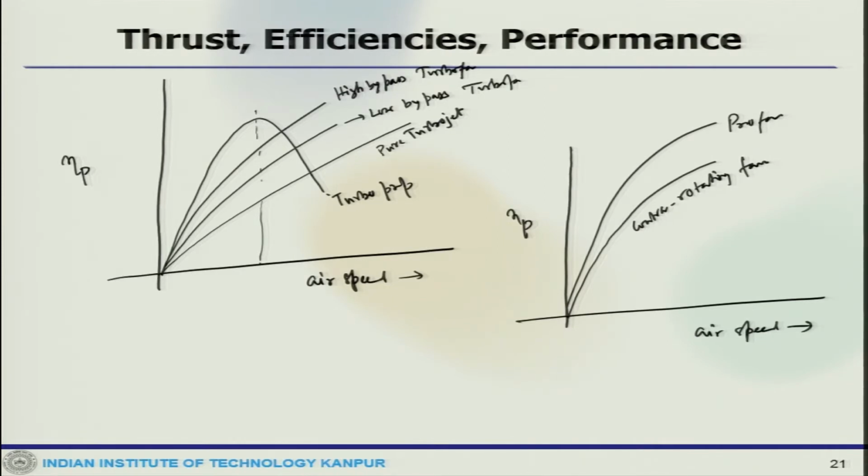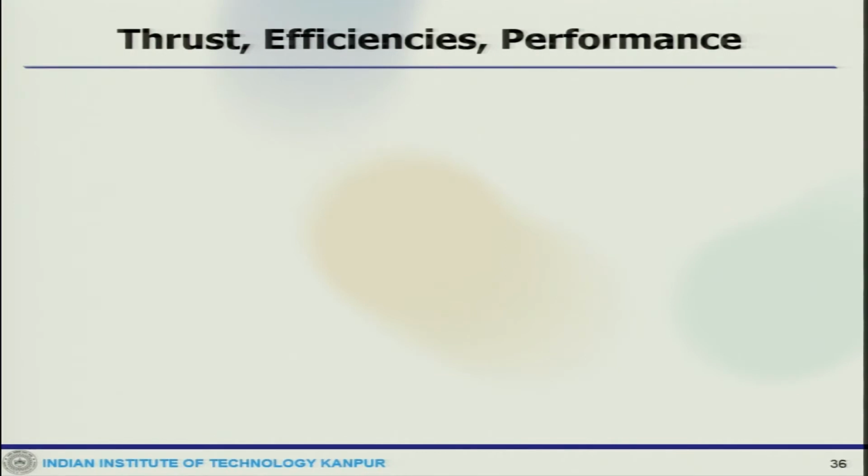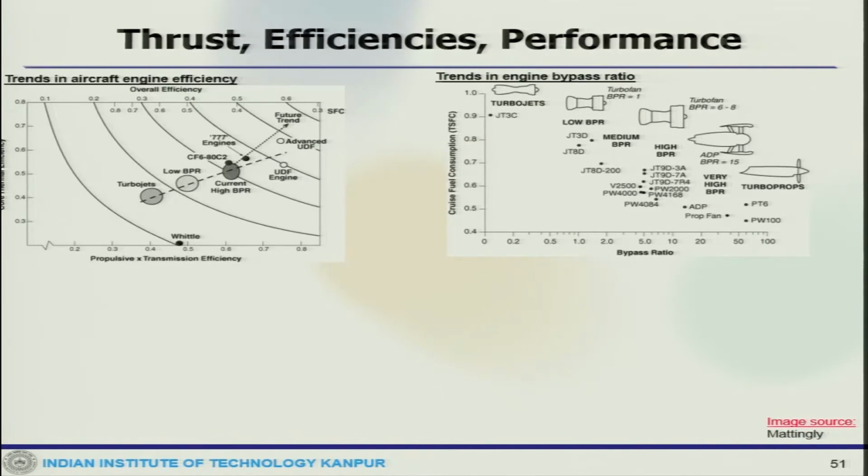Now, what we can look at is this kind of efficiency and other parameters. So, we can really go to some particular trend. These are some of the pictures which give you an idea of the different kinds of engines. Let us look at this first picture.